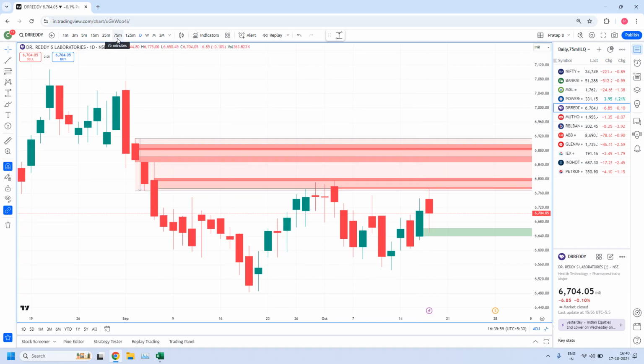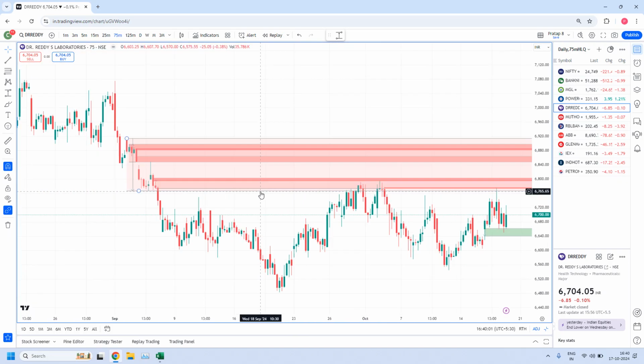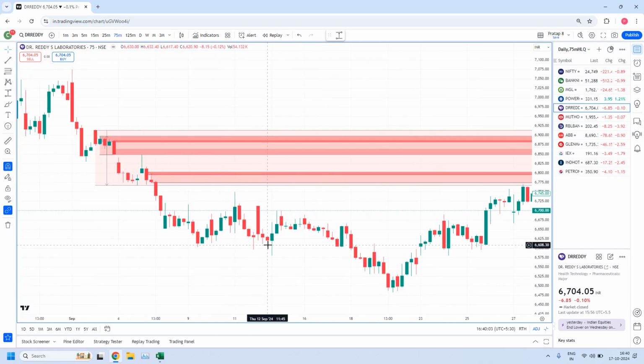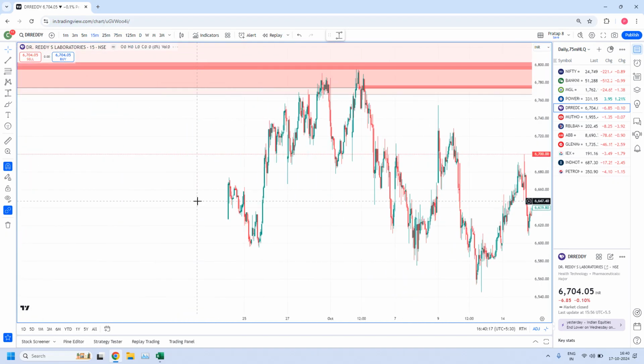Okay, how I fine tuned, let me explain. In the 75 minutes time frame, we have identified 2 zones, drop, base, drop. And again here, drop, base, drop also identified. And both these 75 minute zones again fine tuned with 15 minutes time frame.